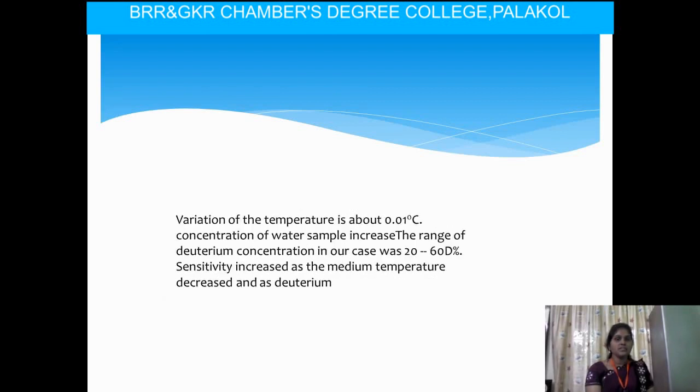Based on the temperature and the evaporation, there will be changes in the concentration of deuterium. As the concentration of the water sample increases, the range of deuterium concentration in our case was 20 to 60. Sensitivity is increased as the medium temperature decreases. So this is about the falling drop method for deuterium measurement.